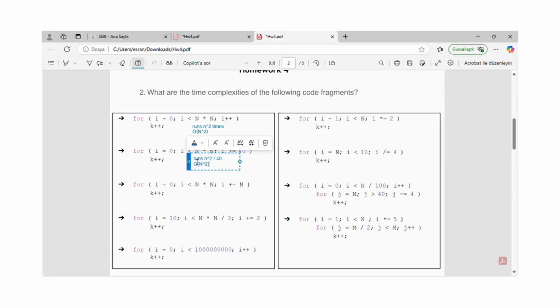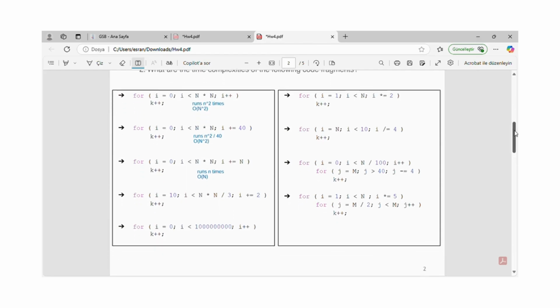Next one. Here it runs n times, because n times n over n equals n. So it runs n times here, and our time complexity is O(n). Next one.